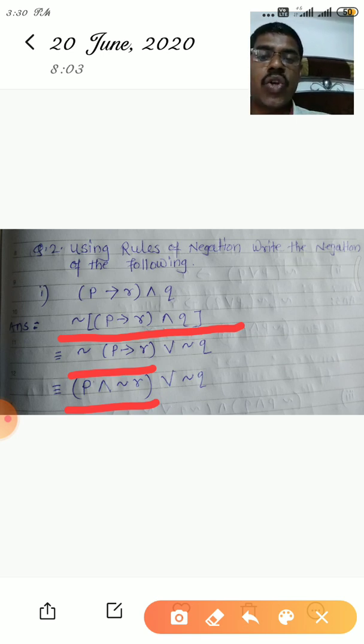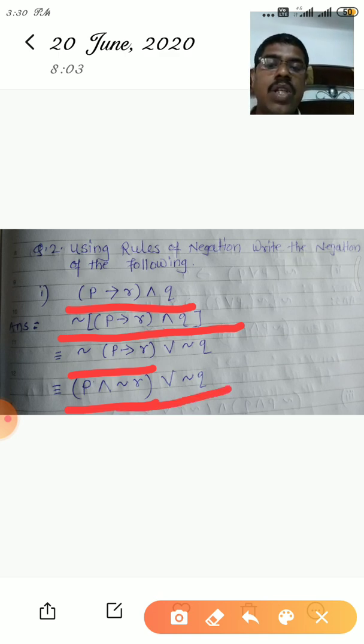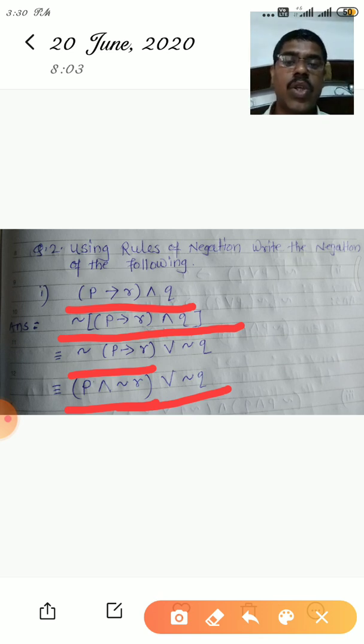That means the negation of P conditional R and Q is P and negation R, or negation Q.